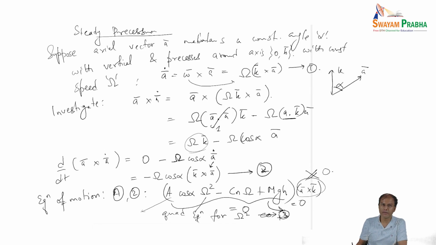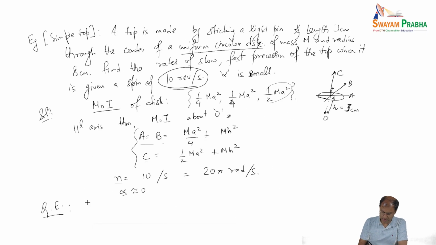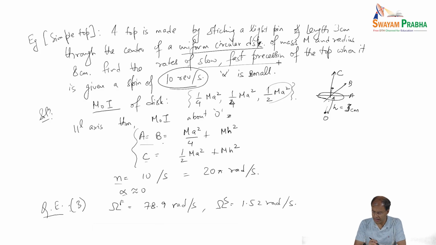We get a solution: omega fast is coming out to be roughly 79 radians per second, and omega slow is 1.52 radians per second. Okay, so that's what we wanted to find from the problem.